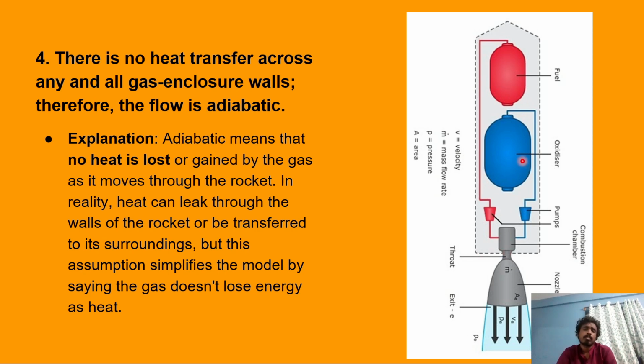Ideally, heat should not transfer outside the rocket, but sometimes in real life it does. It does, but we treat it that way, because by treating it that way, the calculations of rockets become easy. And we'll see how.